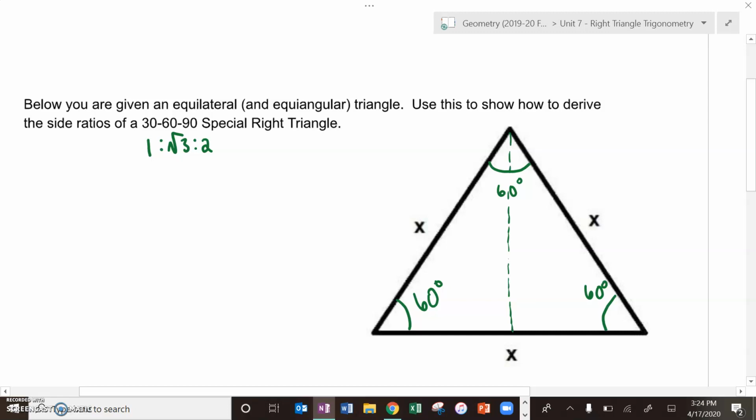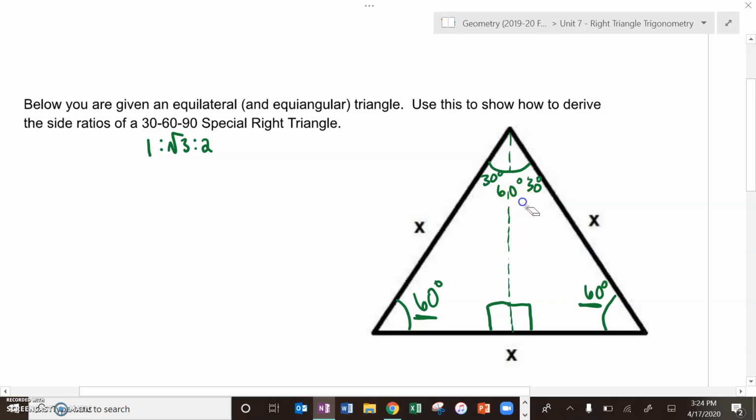It splits the triangle in half, which means that it creates two 90-degree angles right there. And then the two 60s right here and right here, those stay the same. But the top angle, this 60, it's now split in half, so this is a 30 and this is a 30.